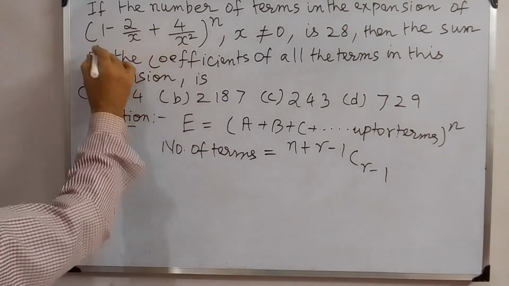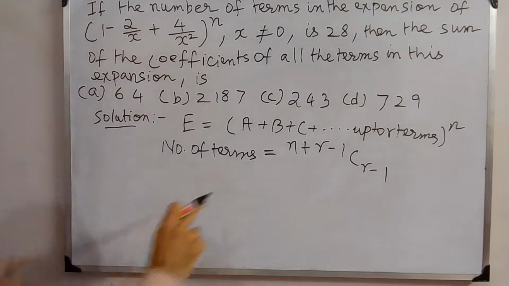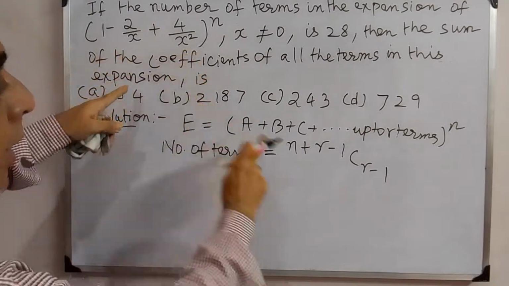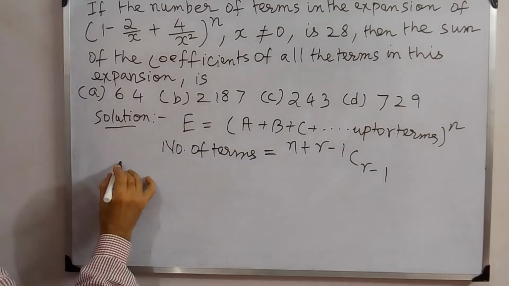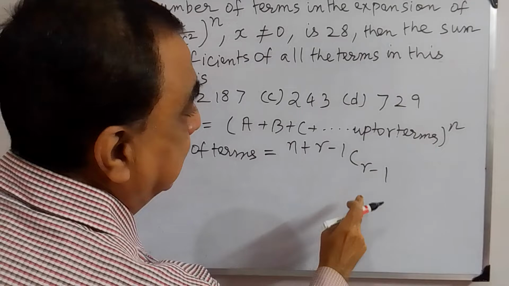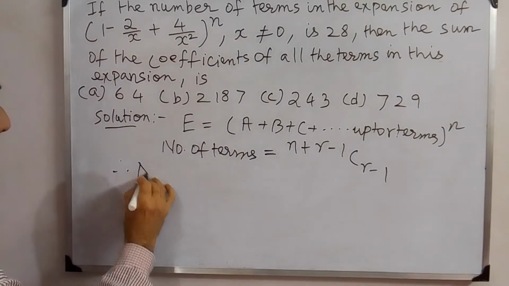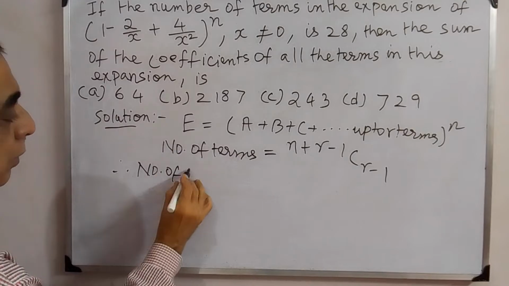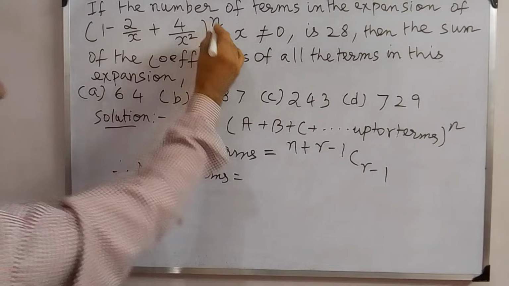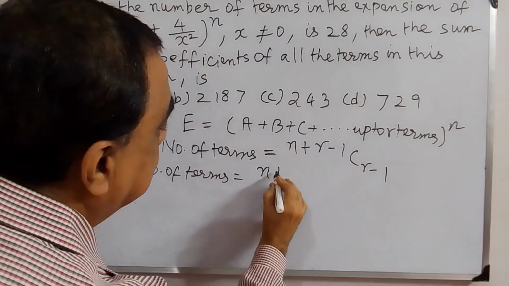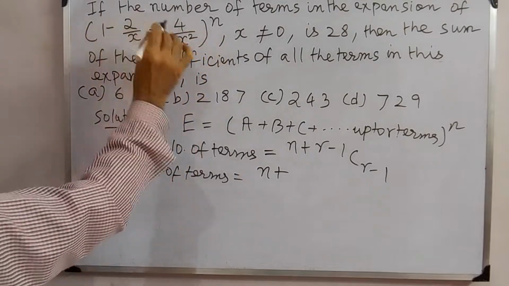Now see here, there are 3 terms being given here, so for the given question r will be 3, and the number of terms is 28. So the number of terms will be (n + r − 1)C(r − 1), where r is the number of terms in the bracket.